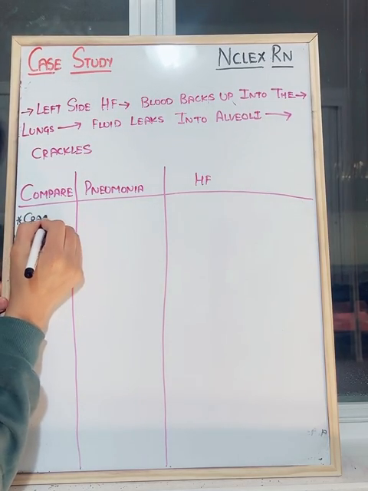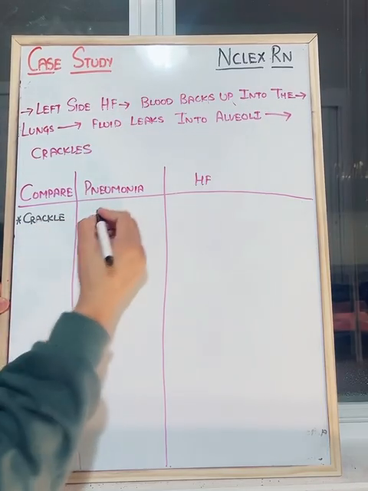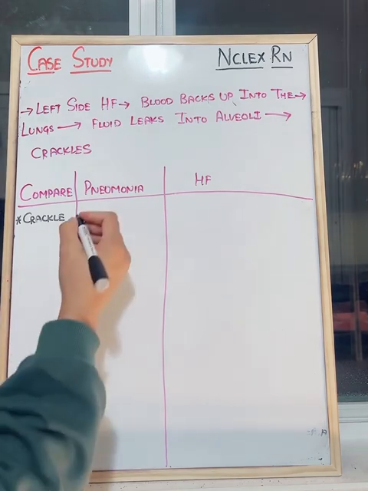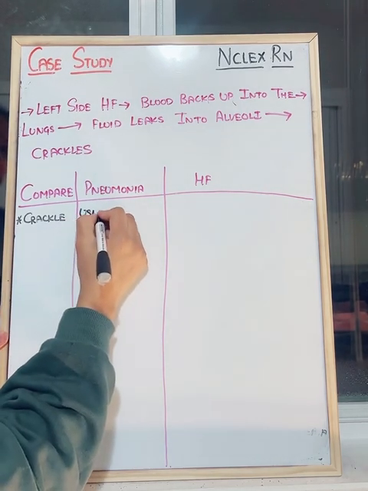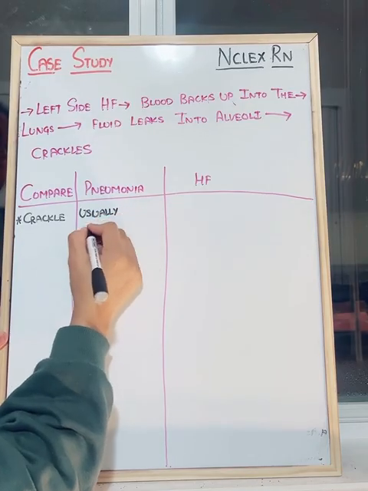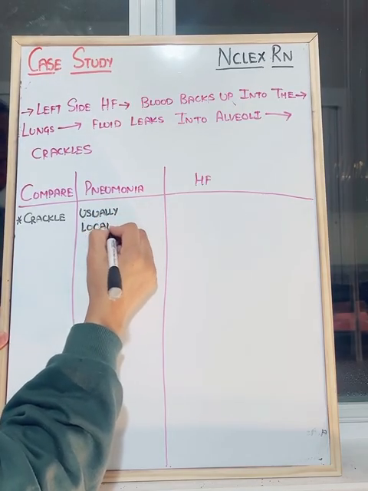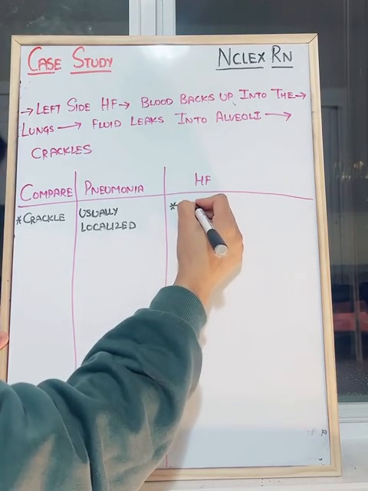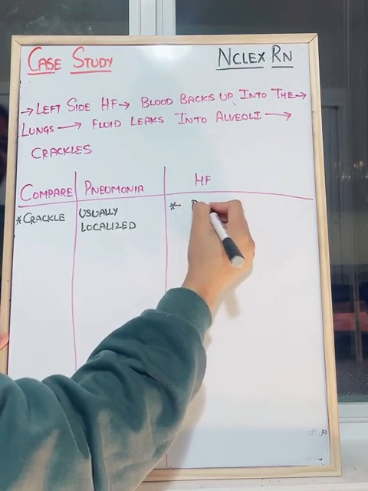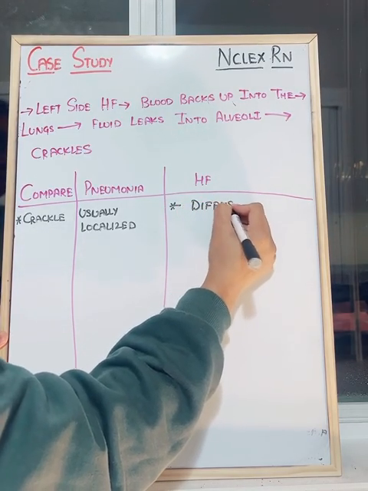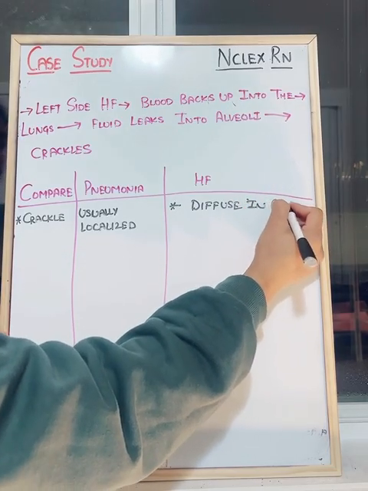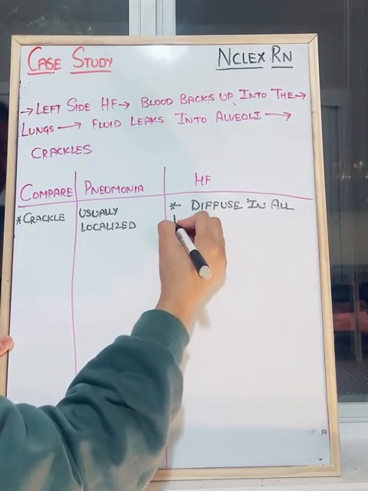In pneumonia, usually localized. But in heart failure, diffuse in all lungs.